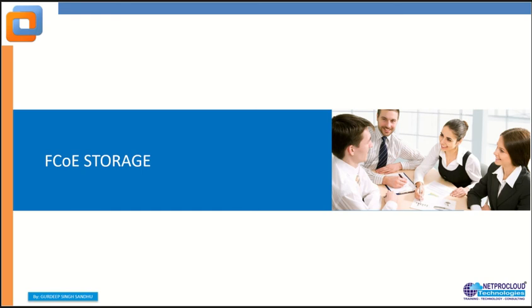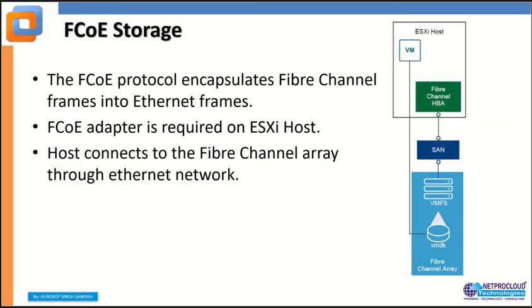Next, let's discuss FCoE, Fibre Channel over Ethernet storage. For this kind of storage, an FCoE adapter is required. What happens here is that the Fibre Channel packets are encapsulated into Ethernet frames and travel through the SAN.